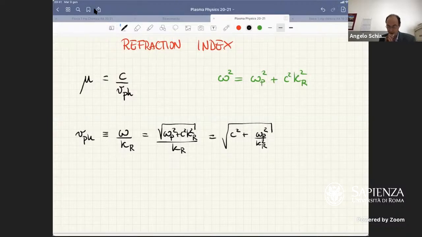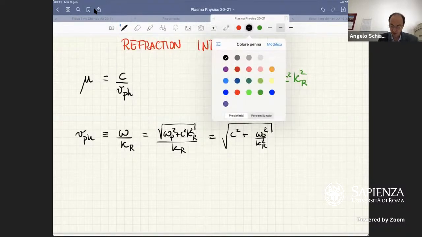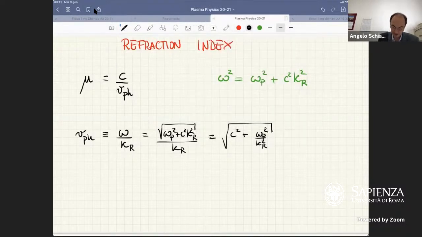Actually, a better way would be to get k_R from the dispersion relation: k_R equals the square root of omega squared minus omega p squared, divided by c squared.